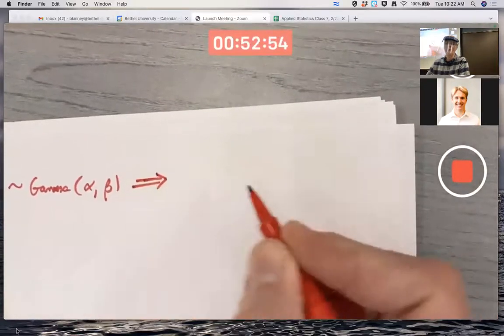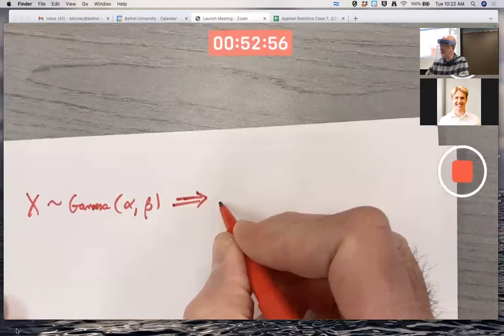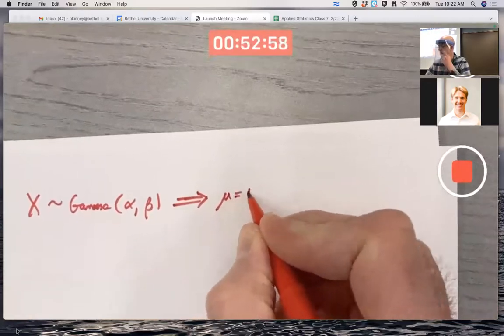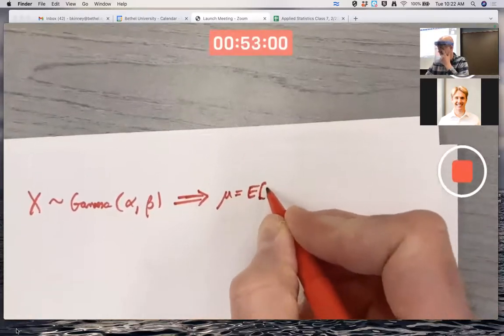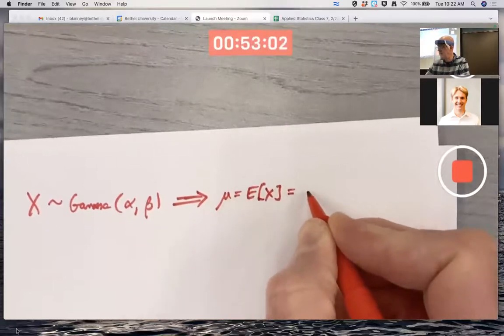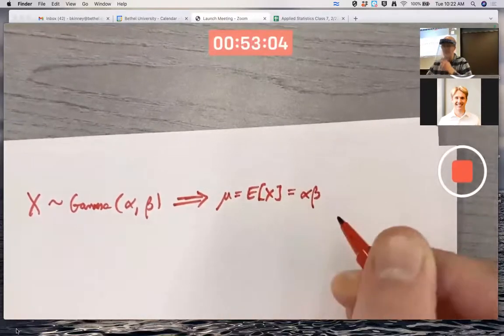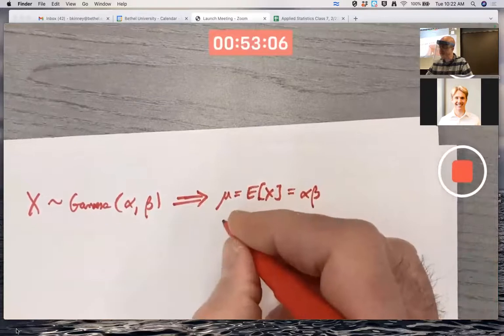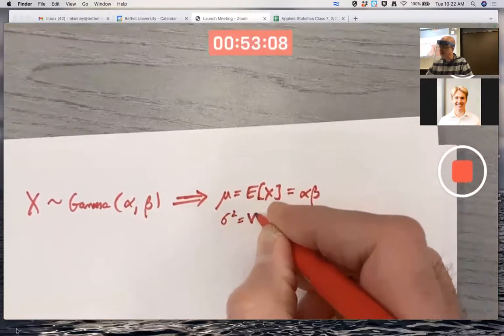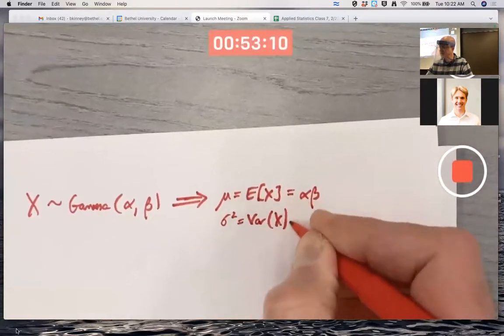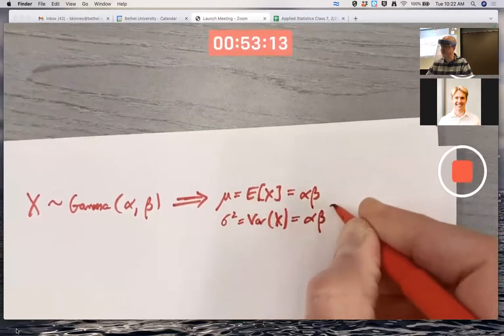In chapter 4, it's derived that the expected value of such a distribution, mu, E of x, is going to be alpha times beta. And the variance of such a random variable is going to be alpha times beta squared.